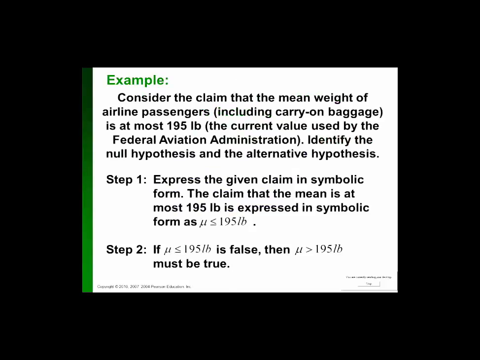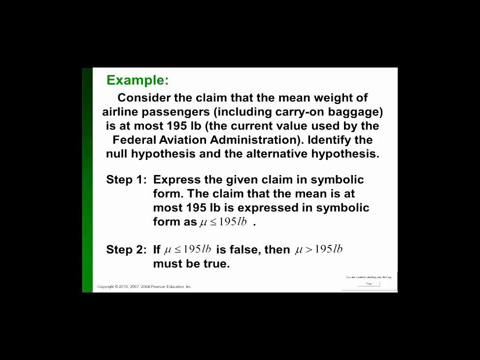Consider the claim that the mean weight of airline passengers is at most 195 pounds. What population parameter does our claim refer to? Mean. It's not talking about a proportion. It says mean weight of airline passengers.